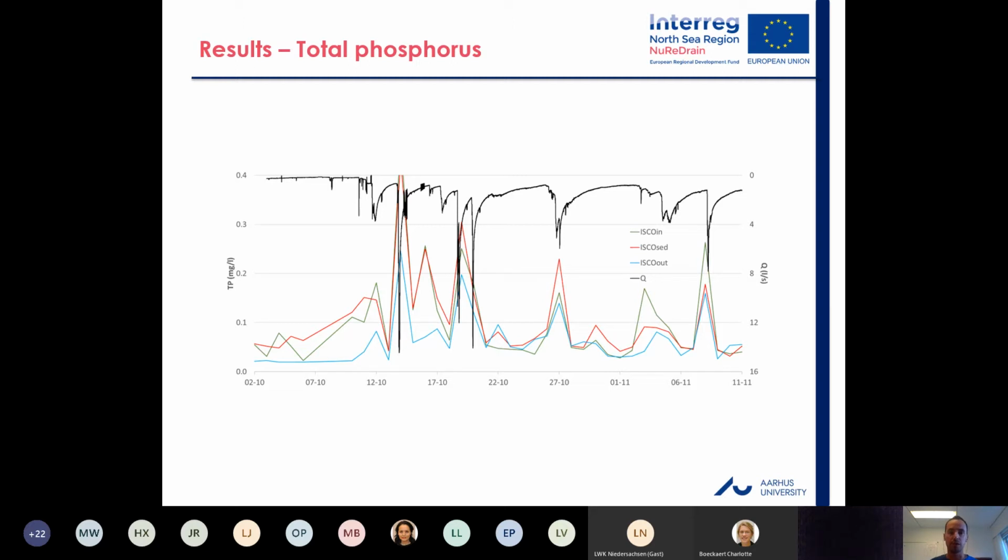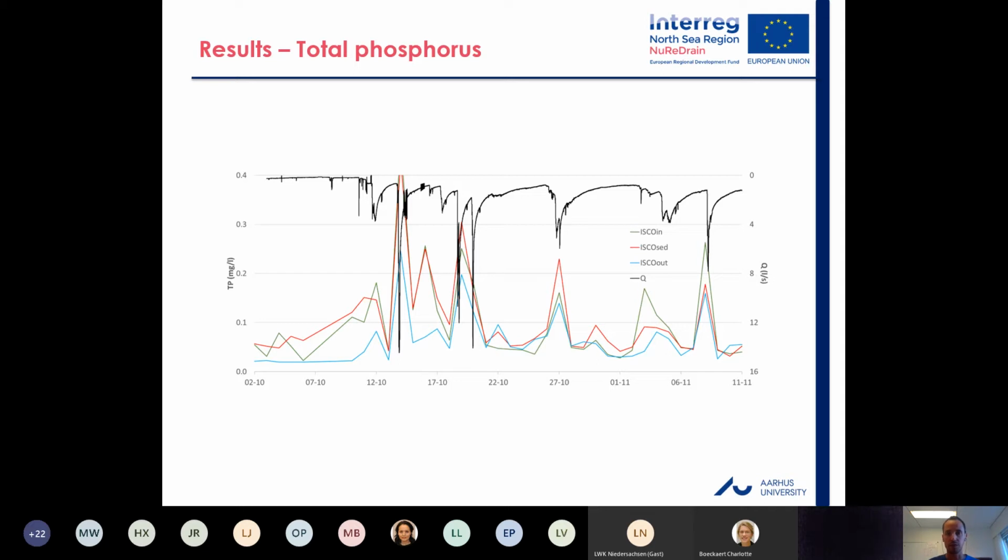If we want to see the overall effect of the filter system in terms of total phosphorus, we should look at the results for ISCO in and ISCO out, so the green and the blue line. We can see that at the beginning there is a good removal effect, but this removal effect later on drops.